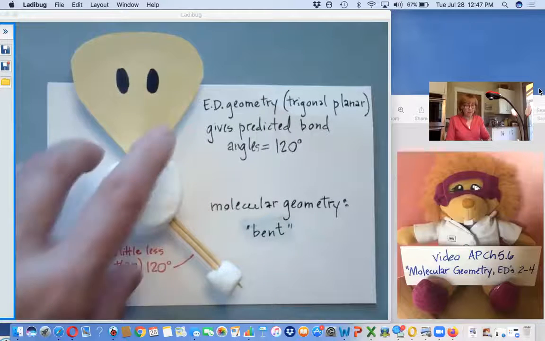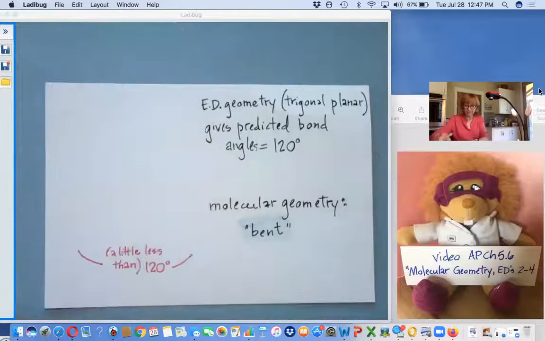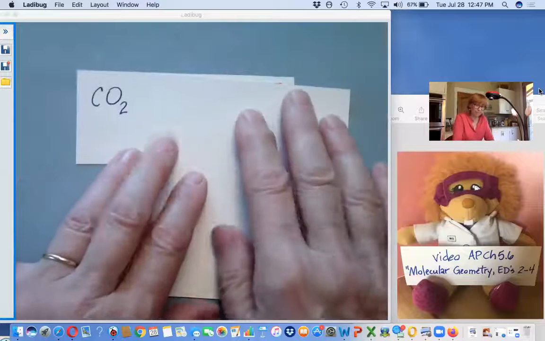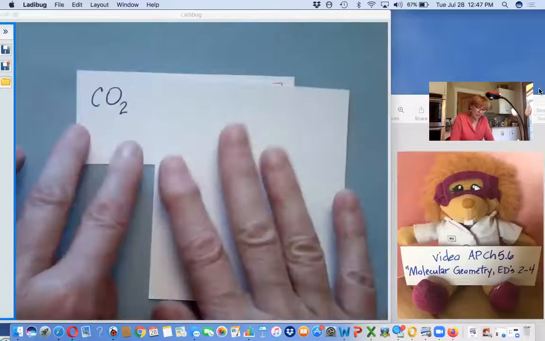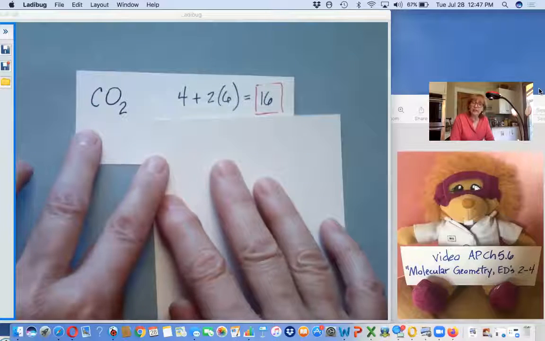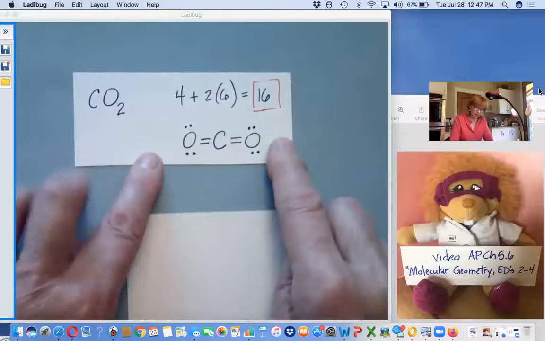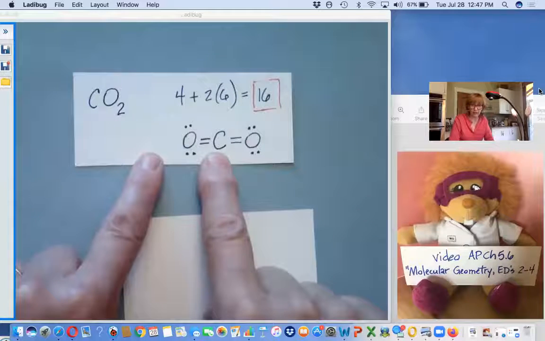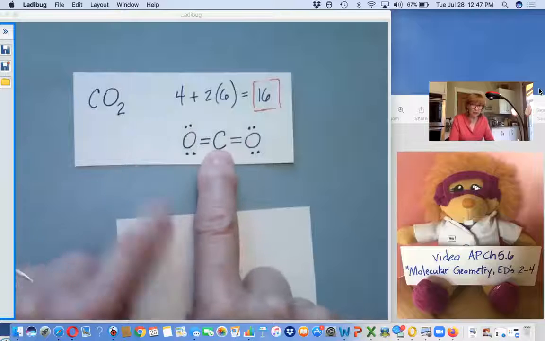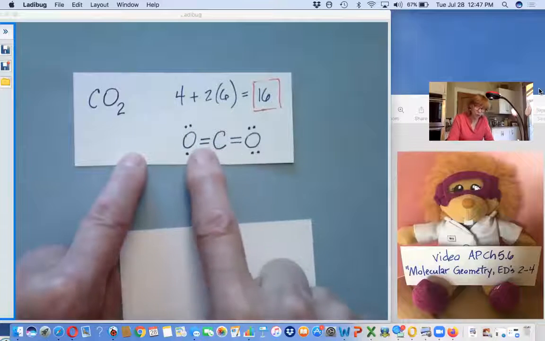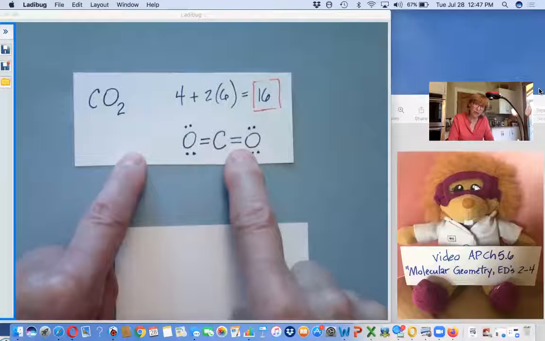All right, the last example for today, I'd like you to do the Lewis structure for carbon dioxide, CO2. So we're working with 16 valence electrons, and the electron dot diagram looks like this. Central atom, carbon, has only 2 electron domains.